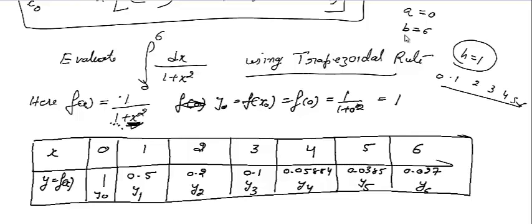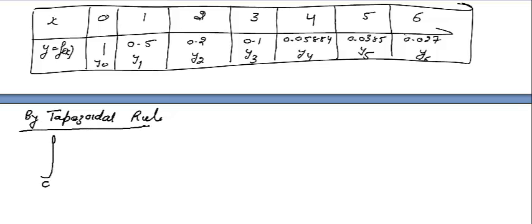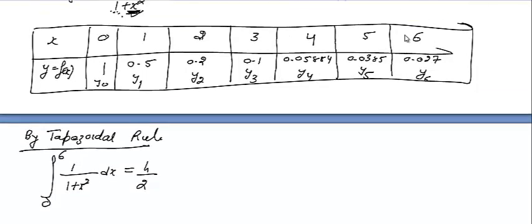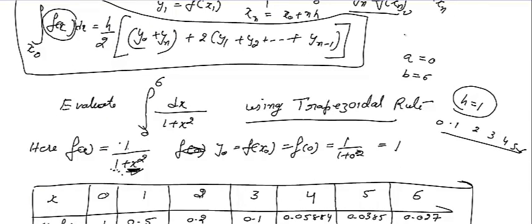This is y6. Now see students, your formula of the trapezoidal rule. By the trapezoidal rule, the integration from 0 to 6 of 1 over 1 plus x square dx will be h by 2 times, the basic formula. This is the basic formula that I gave in the starting. I have not proved it, I have just given it.